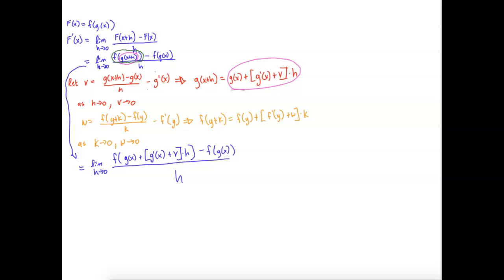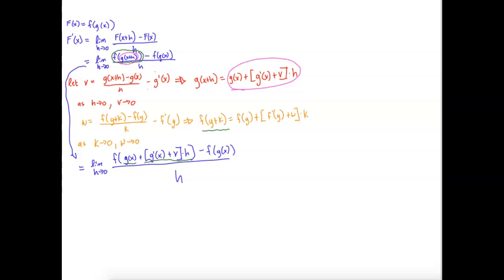All right. So now we're going to get to the kind of confusing part, but stick with me. Now I want to be able to evaluate this. And the way I can do that is I have f of something plus something, right? Here I have a formula for how to expand f of something plus something, okay?